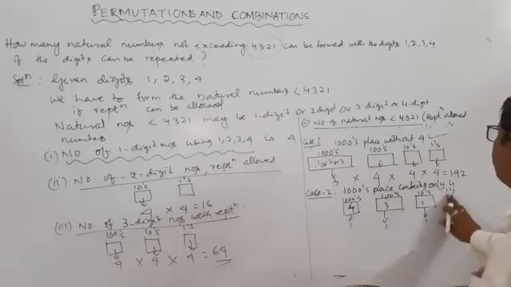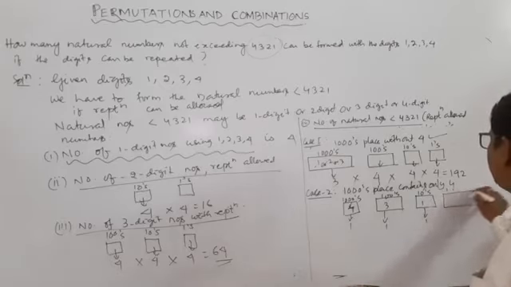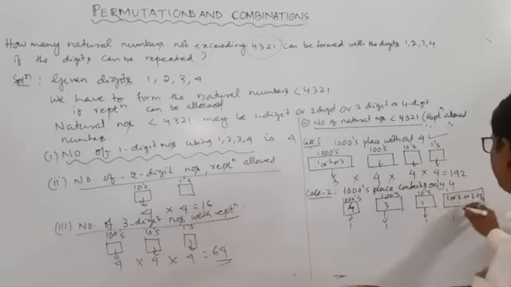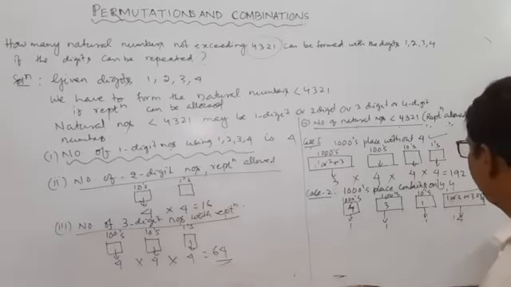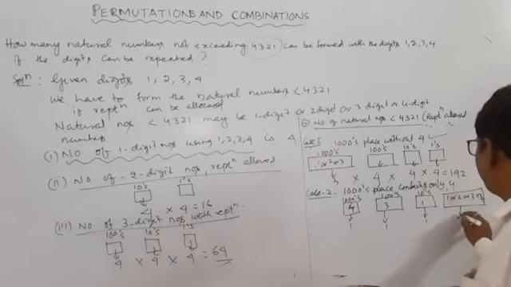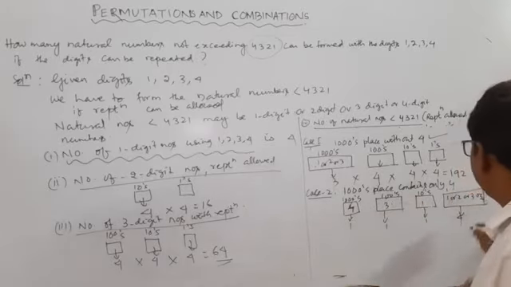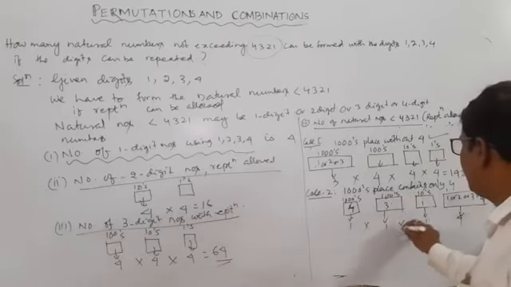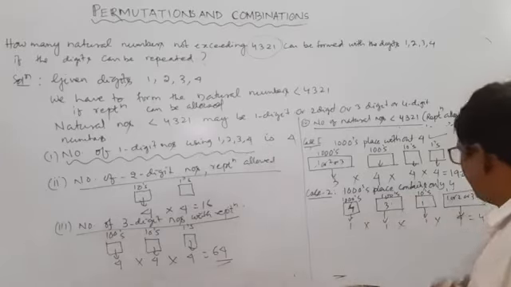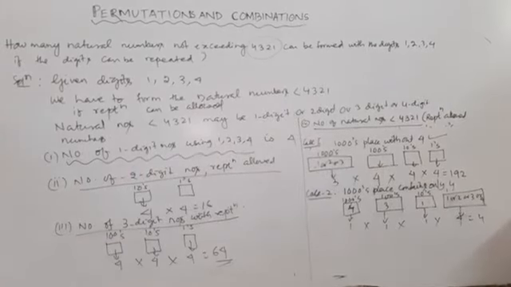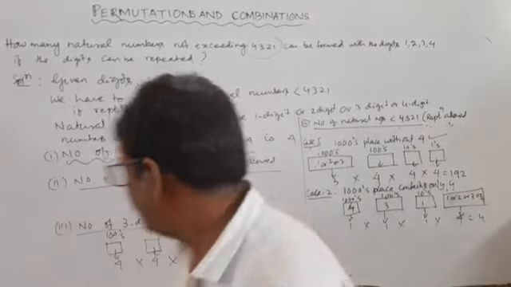Now the unit place, repetition allowed, may be 1 or 2 or 3 or 4. That is 4 ways. This is equal to 1 into 1 into 1 into 4, that is 4. Clear? Now another subcase here. This is one subcase.